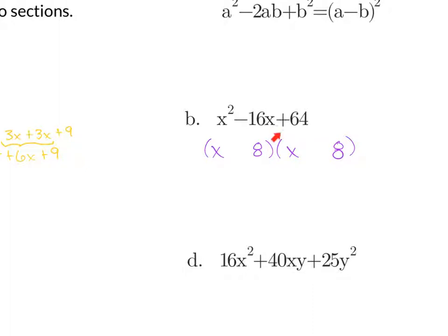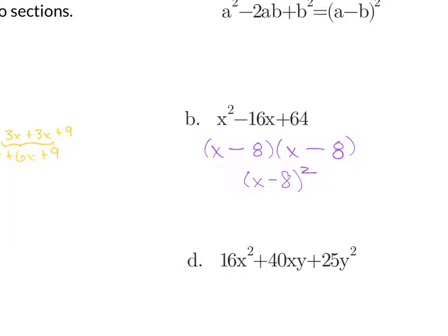Notice that our last term is positive, meaning we need to multiply to a positive number. That tells me that my numbers have same signs. And if my numbers have same signs, when I combine them and get a negative, that means that I want them both to be negative. So we get x minus 8, or x minus 8 squared.